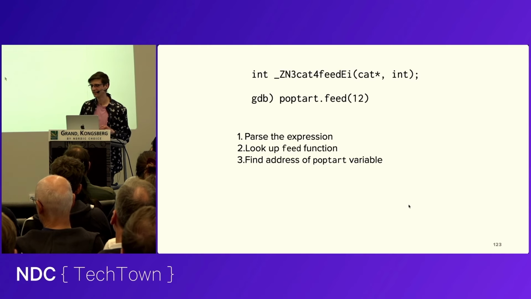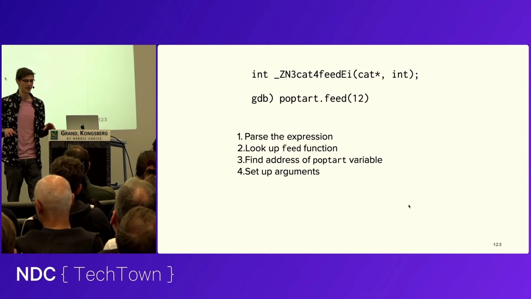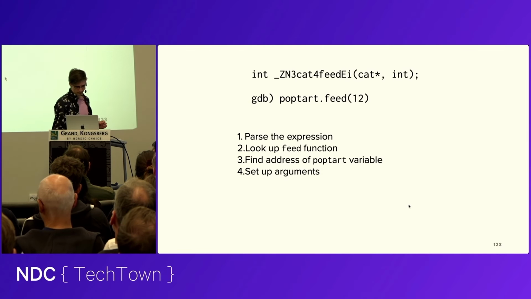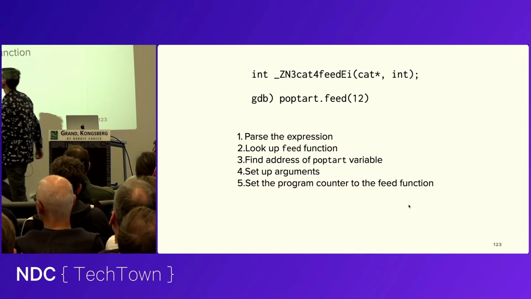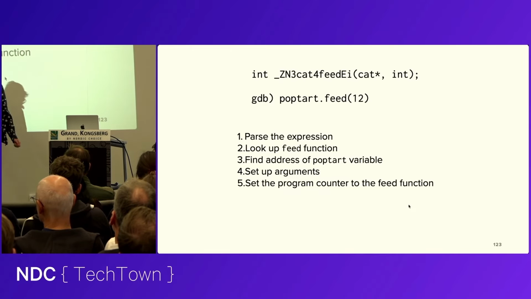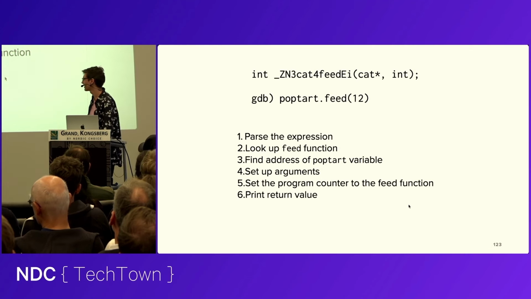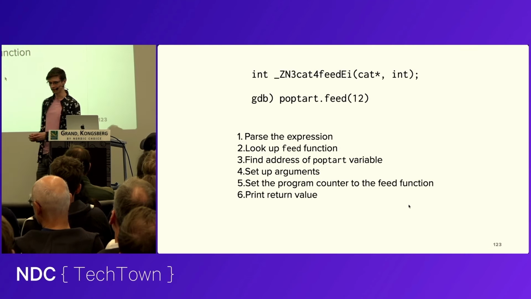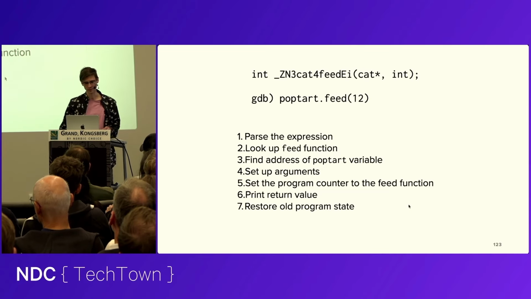We then set up the arguments in a way which I'm leaving very nebulous for now, set the program counter to the address of the feed function which we found, and then print out the return value, and, for again currently nebulous reasons, restore the old program state.